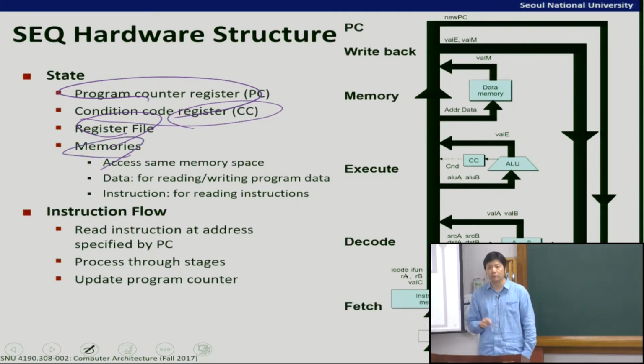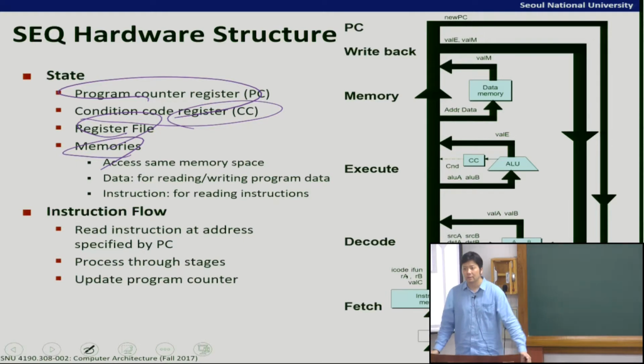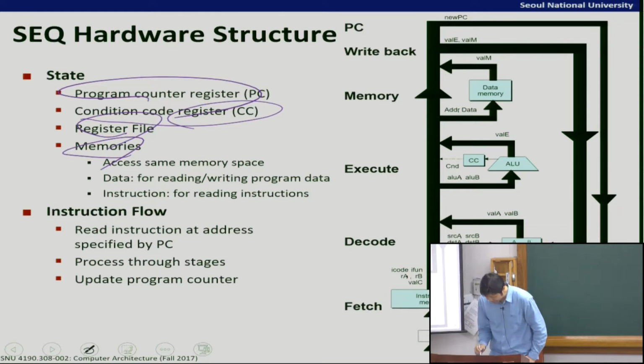What kind of memory do we need? Our programs and data are stored in memory. In practice, we put the program code and data in the same physical memory, but to simplify things for now, we assume there are two separate memory pieces.